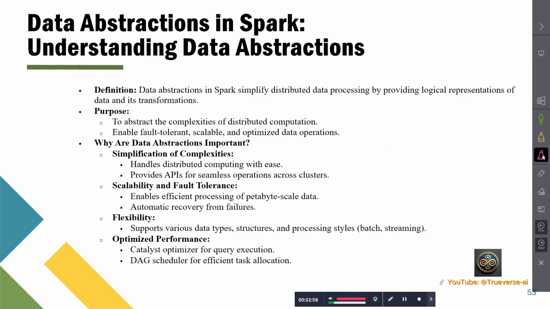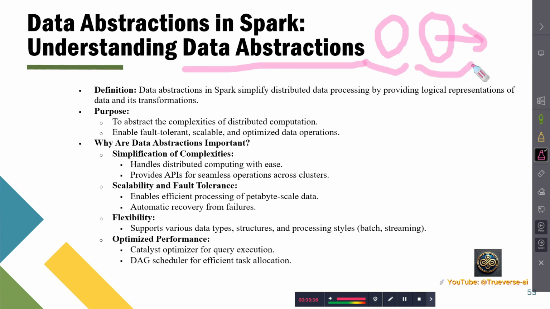Okay. Data abstraction in Spark simplifies distributed data processing by providing a logical representation of data. So when we are talking about data abstraction, we are going to define a logical representation of the data itself and how data moves.